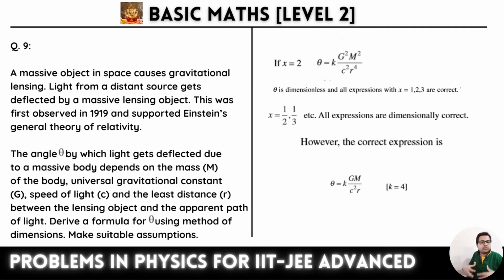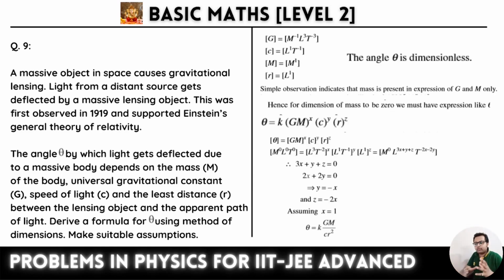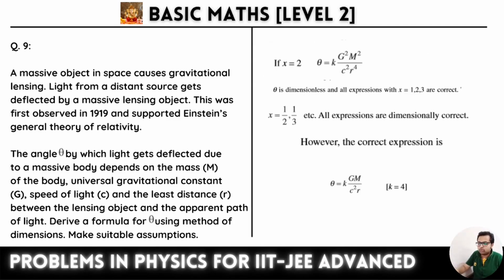But definitely the dimensional analysis took us closer to the exact answer, because we got an understanding that it is gm upon cr square. So the correct expression as calculated using experiment is theta is equal to k gm upon c square r. So this is the answer. I hope this is also clear.